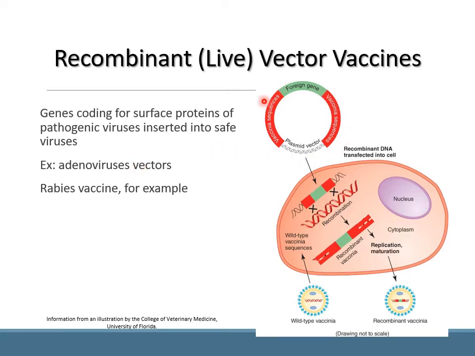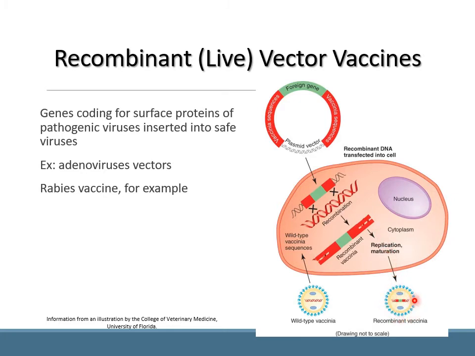So then this safe virus containing the foreign gene, the gene for our specific viral disease, can infect host cells, and as a result, we get recombinant vaccinia virus.